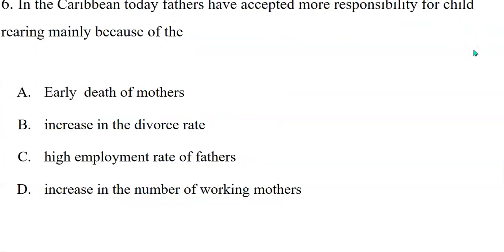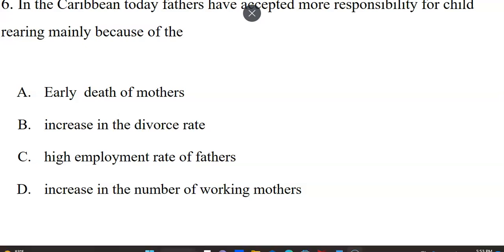Question 6. In the Caribbean today, fathers have accepted more responsibility for child rearing mainly because of the, and the answer to question 6 is letter D, increase in the number of working mothers.